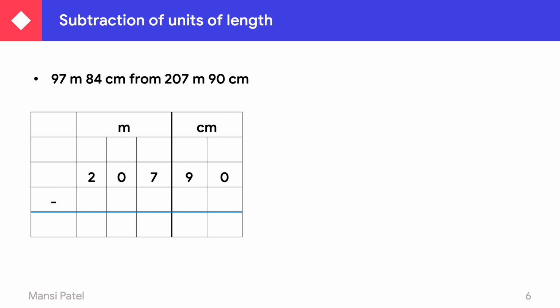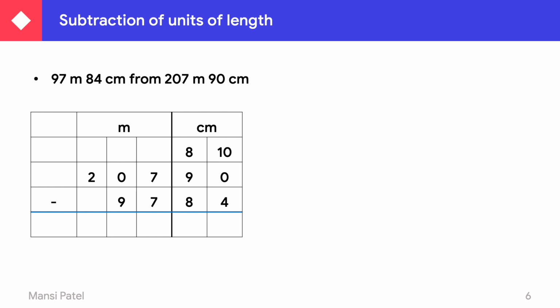Then after, we have to do the subtraction. So put the minus sign. Then how many meter? 97. So write down 97. And then how many centimeter of that? It's 84. So write down 84. Now do the subtraction. 0 minus 4 not possible. So we borrow from 9. So 0 becomes 10 and 9 becomes 8.